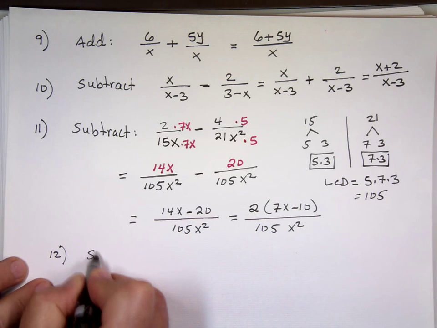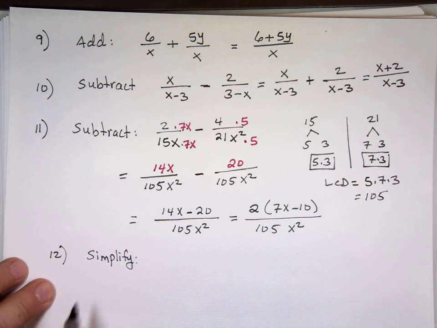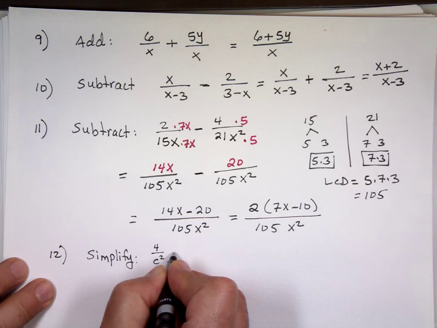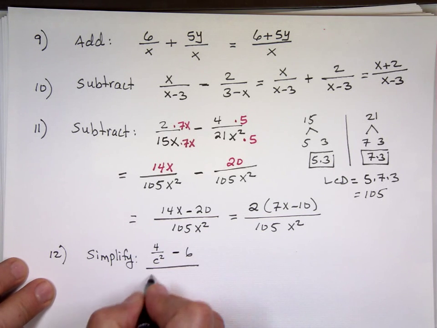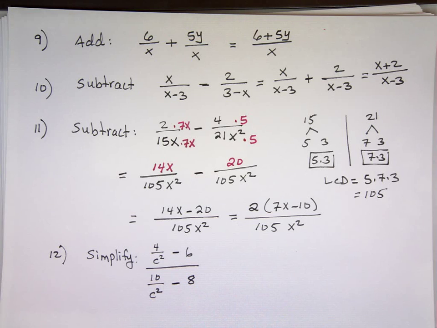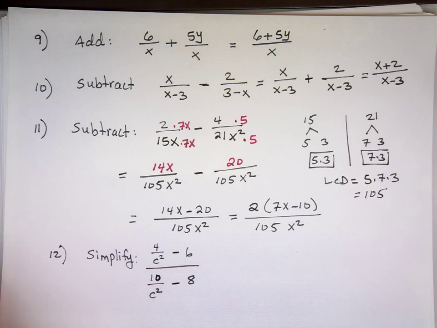Simplify. Let me give you a compound fraction. 4 over c squared minus 6, 10 over c squared minus 8. Now I want to simplify that. What I'm going to do here, the quickest way, is to multiply every one of these by the LCD. And the LCD is c squared.